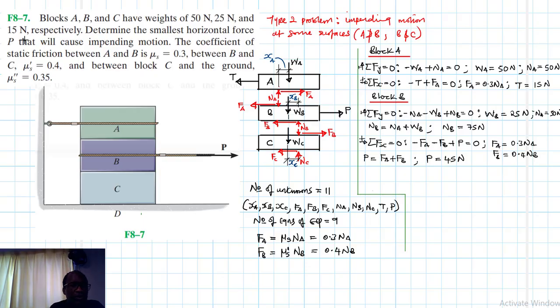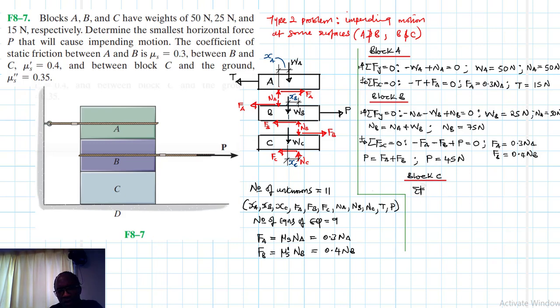So let's go down. Of course, we don't expect here between C and D any slip, but we need to check. We cannot be sure. So block C, let's do the calculations.